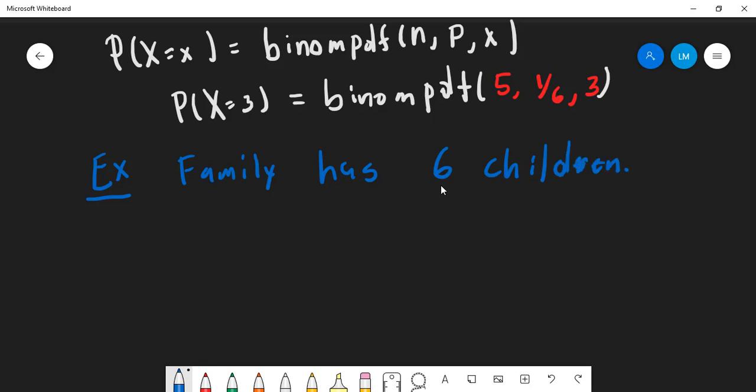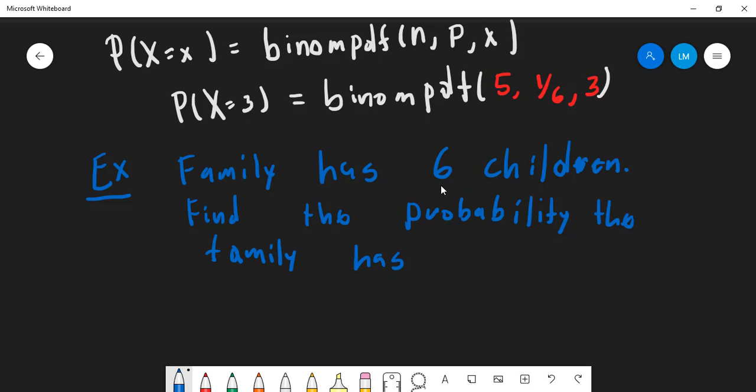And then suppose that we want to find the probability the family has, let's say, 4 boys and 2 girls.